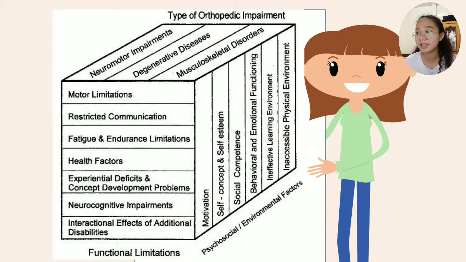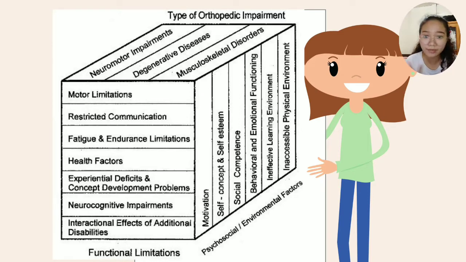As you can see in the picture here, from the three types of orthopedic impairment, it could provide different limitations to students, such as motor limitations, restricted communication, fatigue and endurance limitations, health factors, experiential deficits and concept development problems, neurocognitive impairments, and interactional effects of additional disabilities.